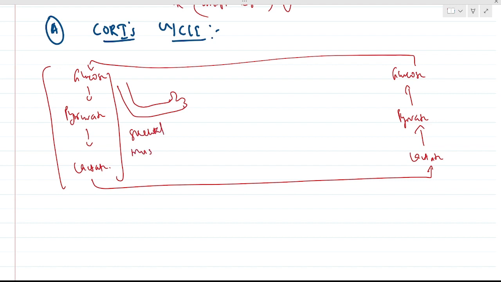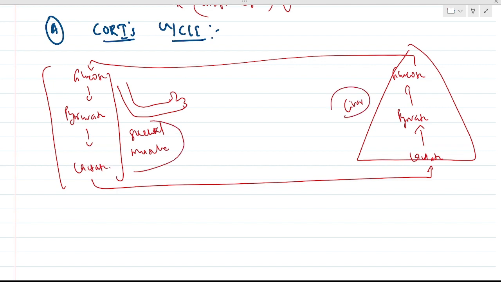Lactate formed during exercise goes to the liver, is converted back to pyruvate and to glucose, and then returns to muscle.